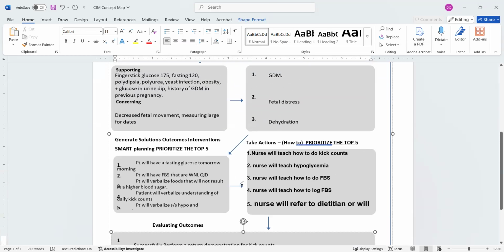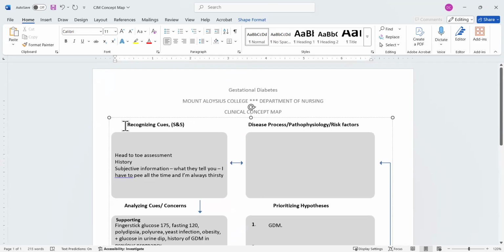So this is one way that you could go through this whole complication and really try to pull out everything you know, everything you remember about that particular complication. This one was gestational diabetes.